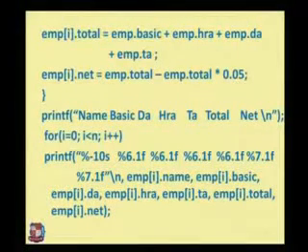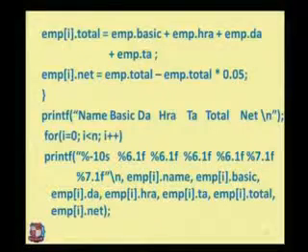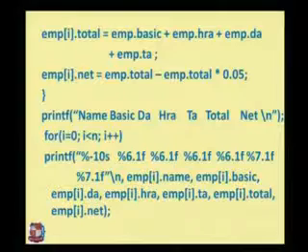Then employee i dot total equals emp dot basic plus emp dot HRA plus emp dot DA plus emp dot TA. By using the dot operator, we can include all those values and put them in emp i dot total. Total represents the total salary of a particular employee.